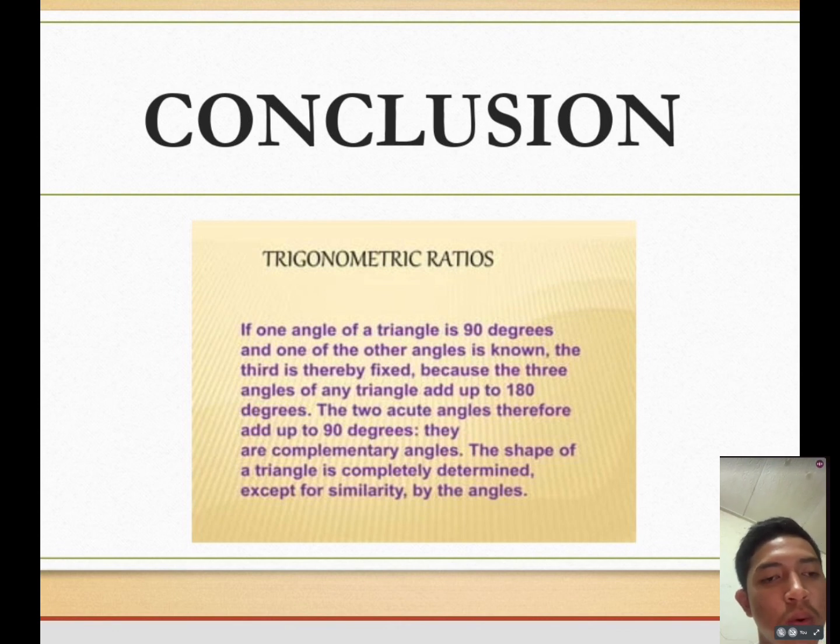The two acute angles therefore add up to 90 degrees. They are complementary angles. The shape of a triangle is completely determined, except for similarity, by the angles. Okay, thank you.